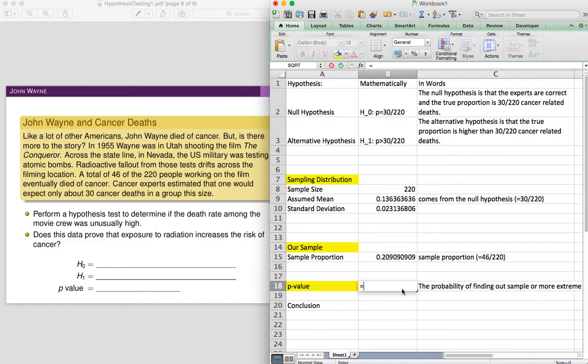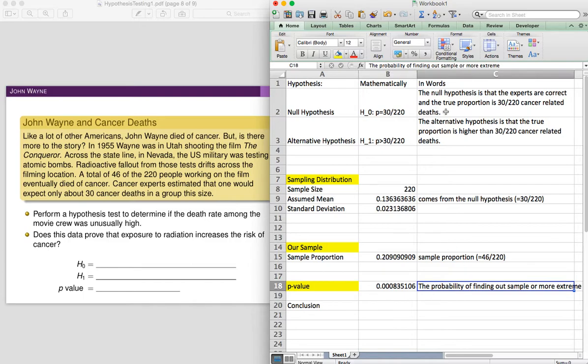Now, the sampling distribution will be normal in this case because we're estimating something that's truly just proportions. Our sample's high and we want to go more extreme, so 1 minus the normal distribution of the proportion that we found, with our assumed mean and our standard deviation based on the assumed mean, and of course always cumulative.